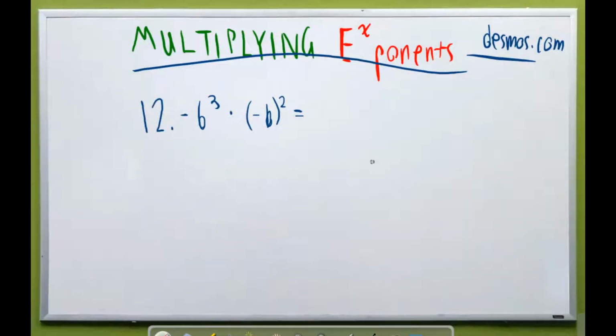Okay, so this problem forces us to look at the difference between when we have just b raised to a power with no parentheses and b raised to a power with parentheses, especially since both of these b's are negative. They have -1 as their coefficient.